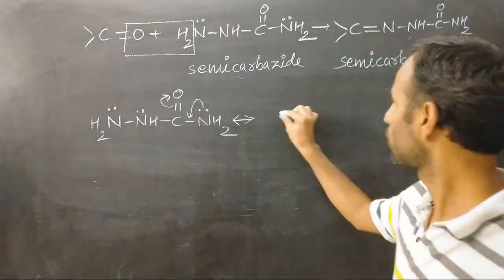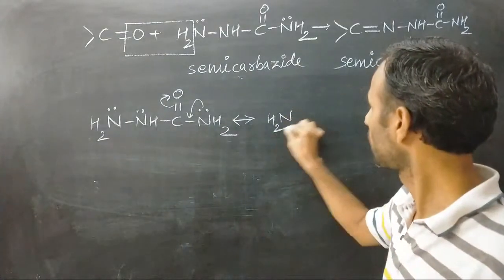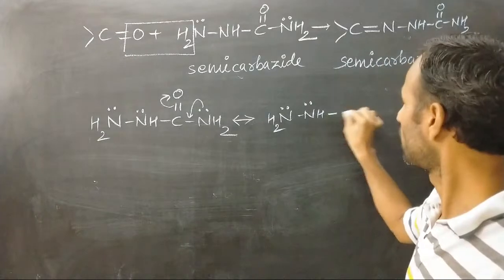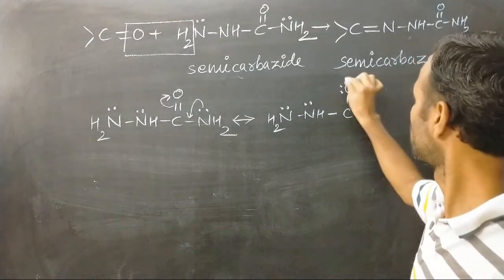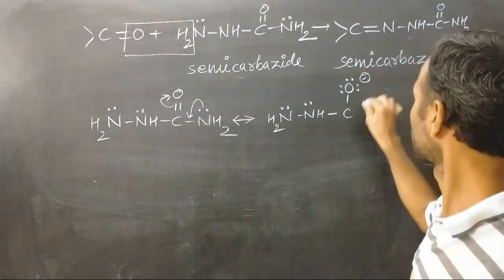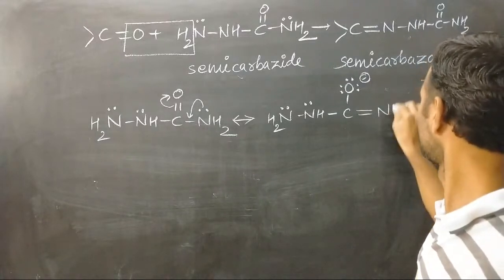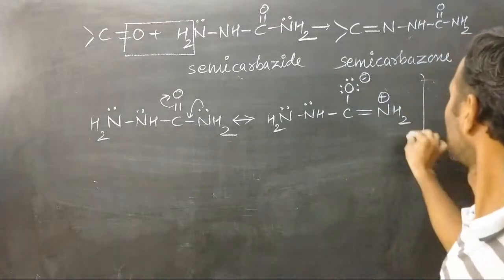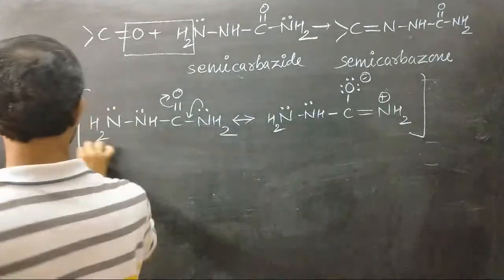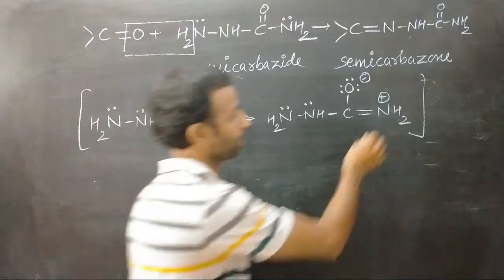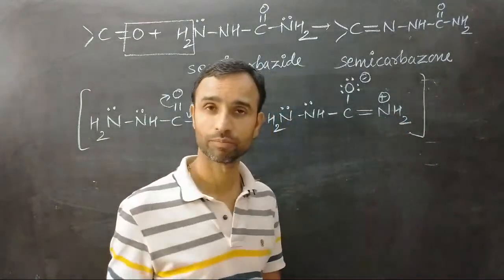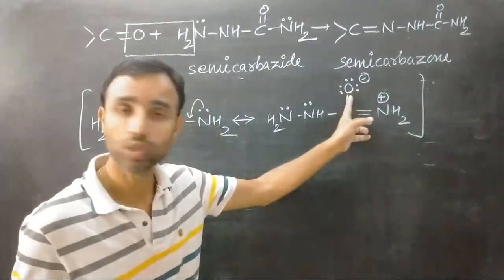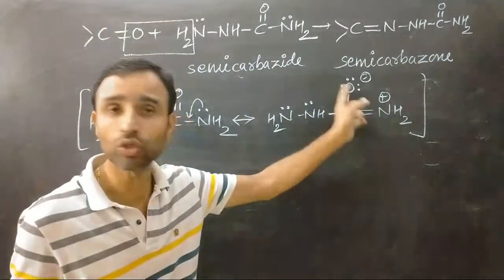Due to this conjugation, the lone pair is not available on the nitrogen of NH2 which is close to CO, because it is involved in conjugation.